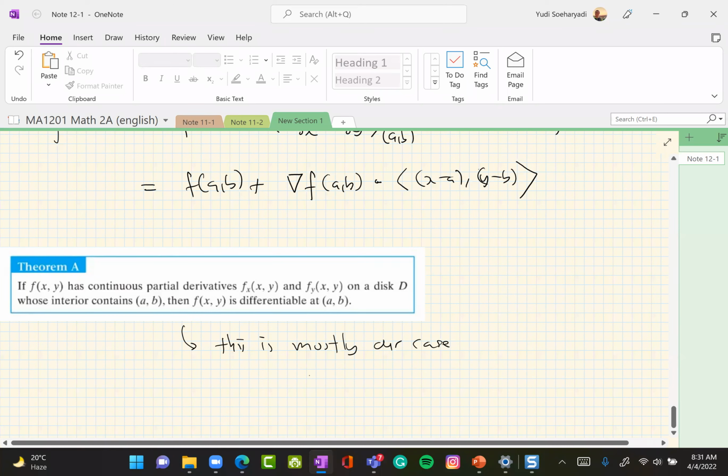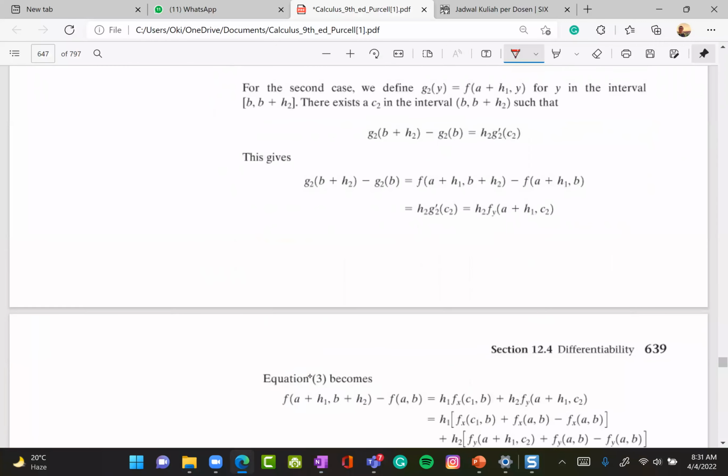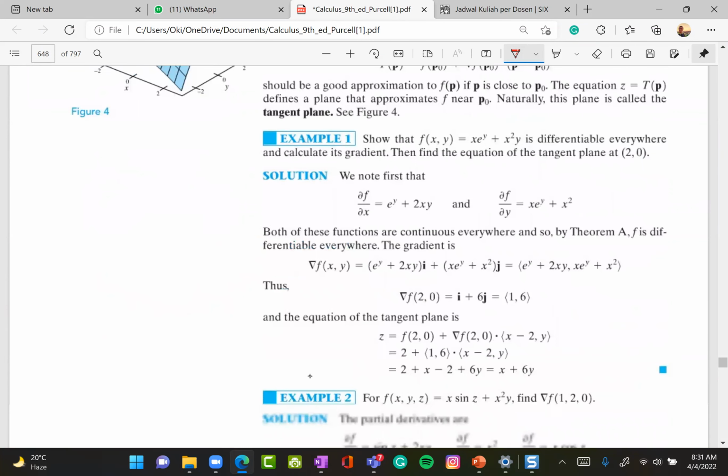So we won't go into non-differentiability for two variables. Okay. Let's do some. All right. So let's take the example here. Let's find a tangent plane. First, just look at the example here in the textbook.